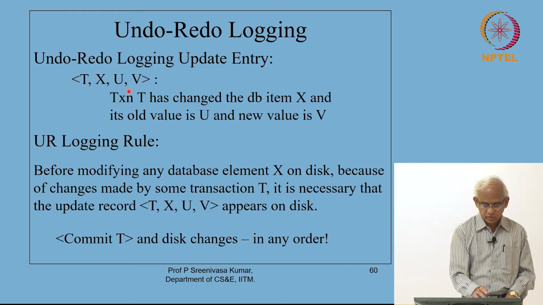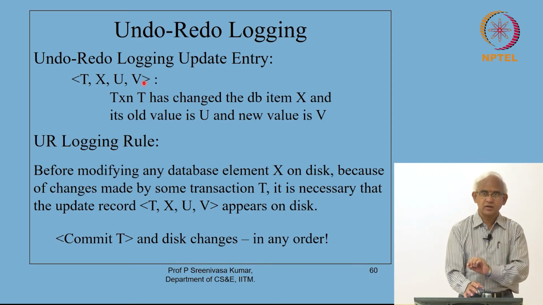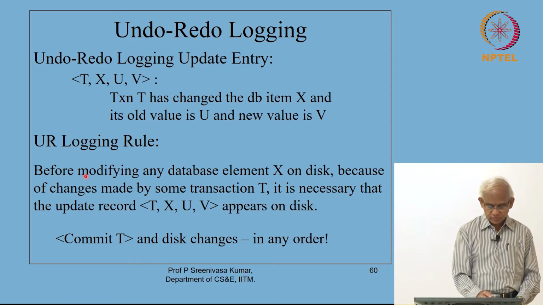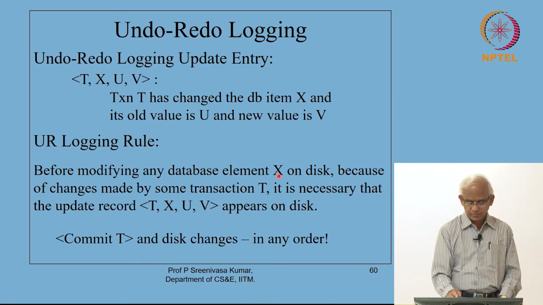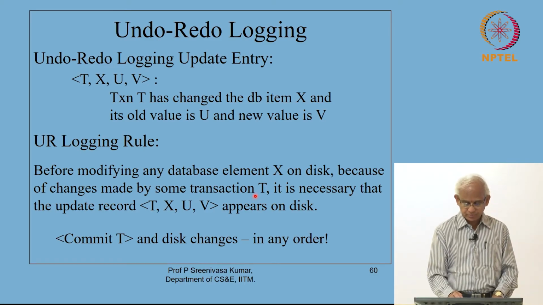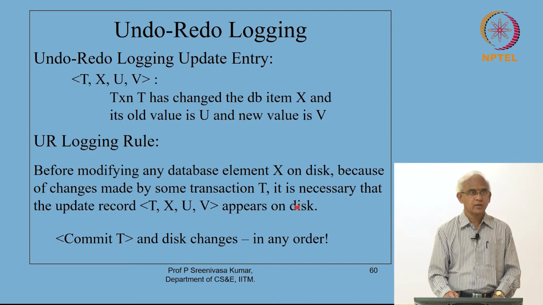that these log entries are very important. Before we do any changes to the database on the disk, ensure the log entries reach the disk. So before modifying any DB item X on the disk because of changes made by some transaction T, it is necessary that the update record <T, X, U, V> appears on the disk.